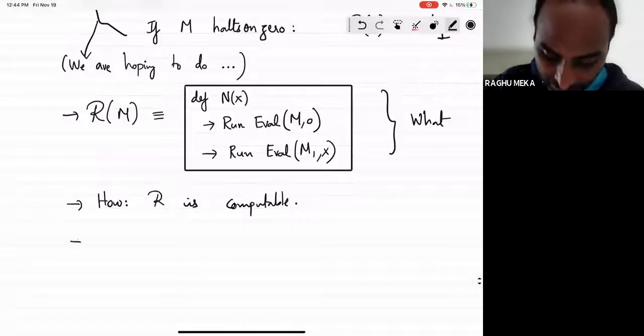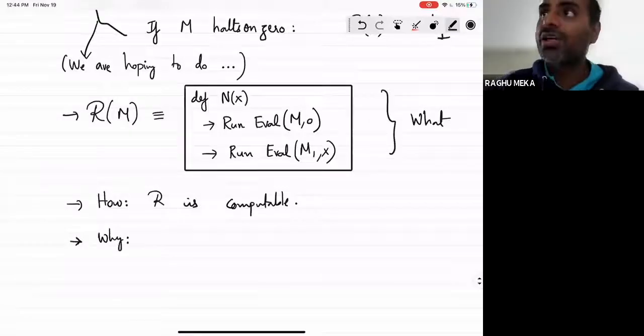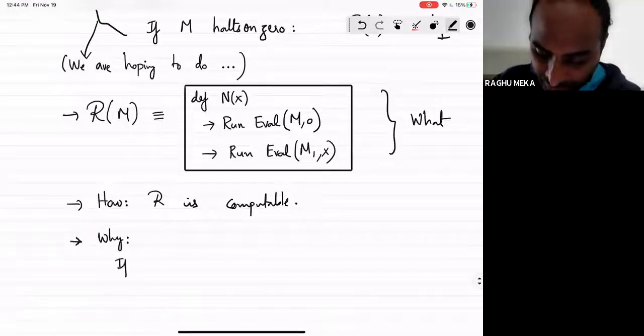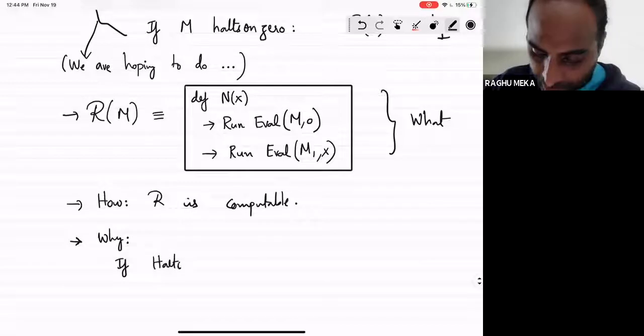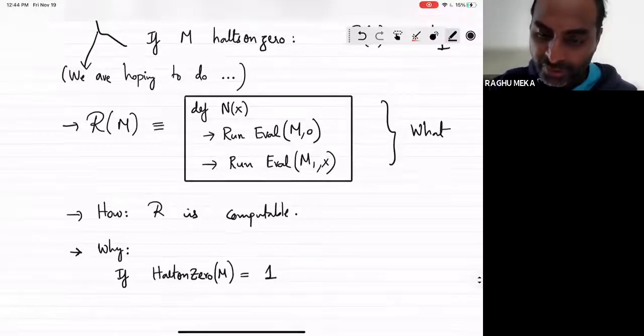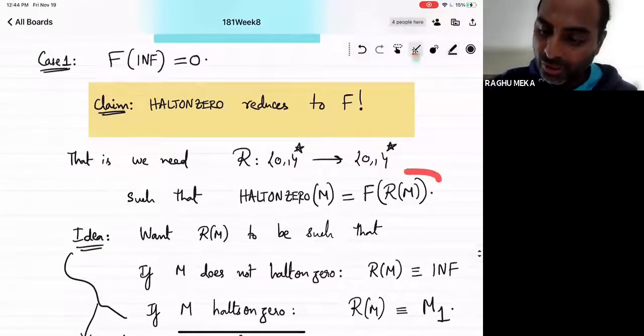So, but why? Okay, so we need to now analyze why, right? So what does why mean? So if halt on 0 of M equals 1, we need to show that this equality holds, right?